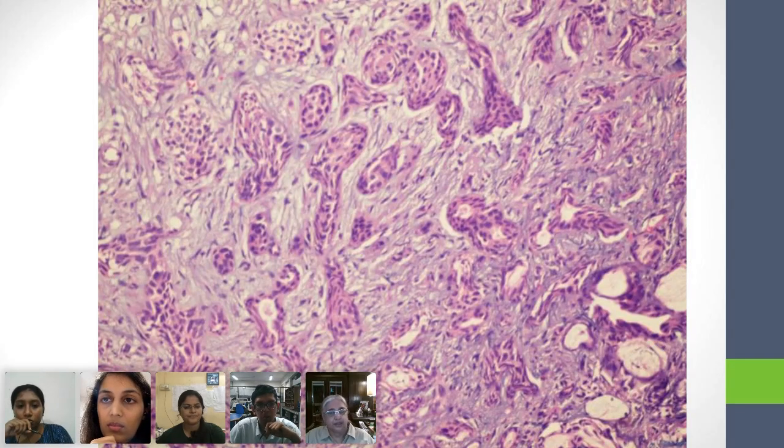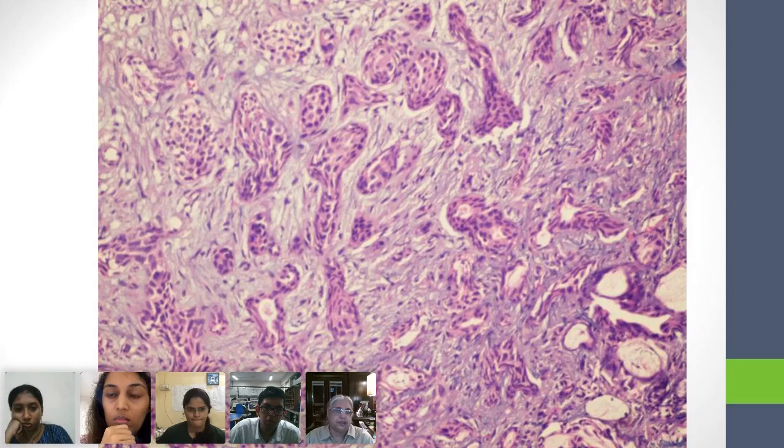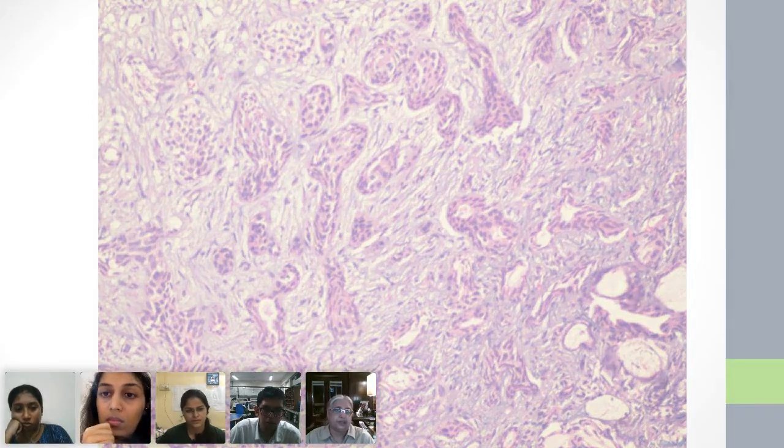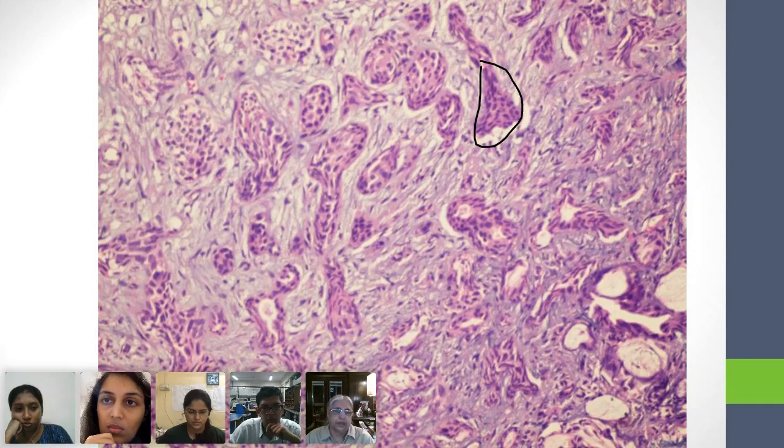This one is near the bottom, and this is where you have very odd-looking ducts and cells, right? Why, Ashish, do you think that? Tell me, what is the reason for this peculiar appearance where the ducts are filled with cells that are looking spindly, drawn out?